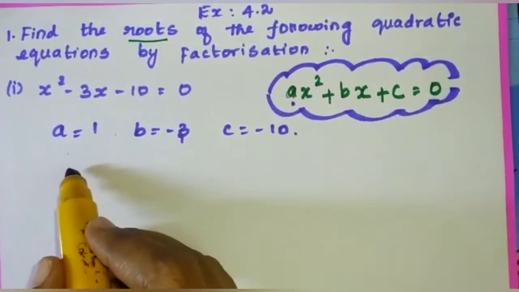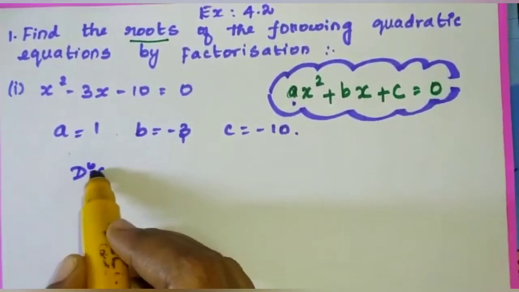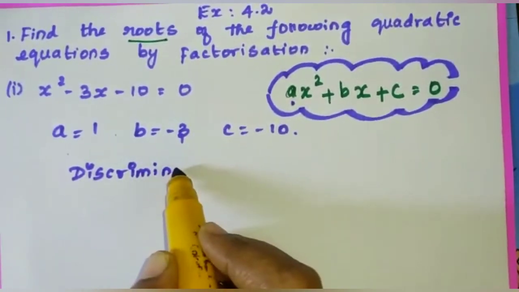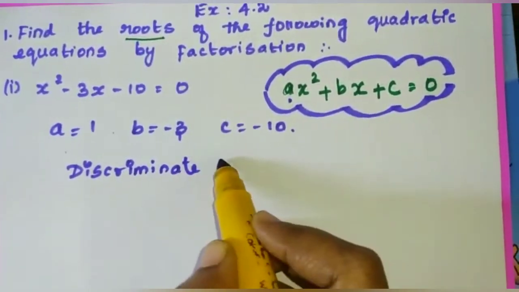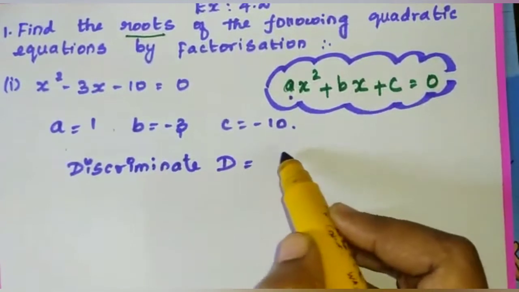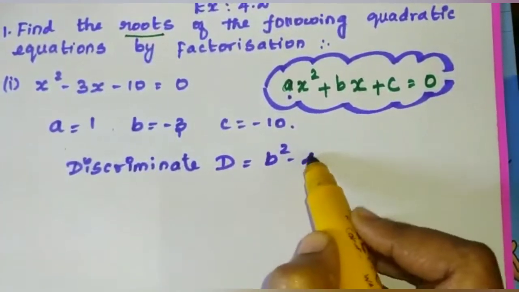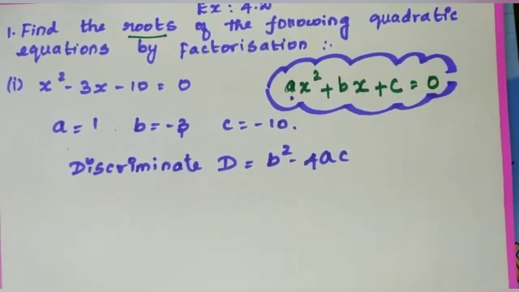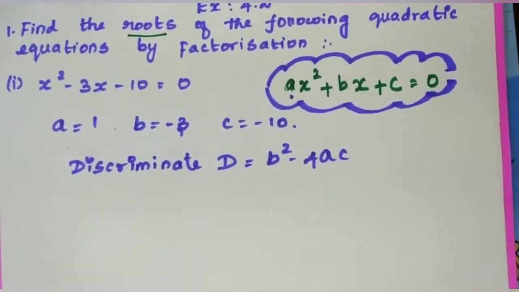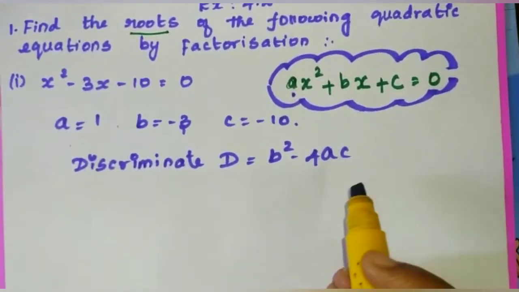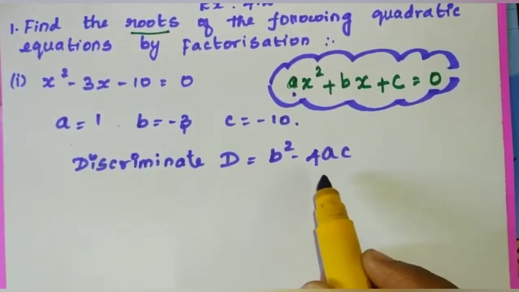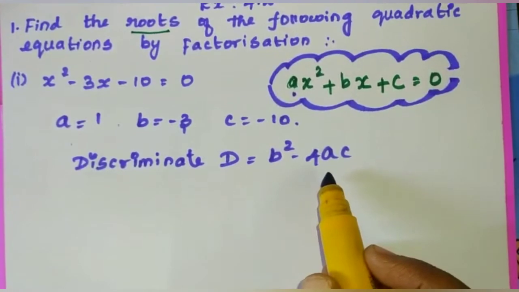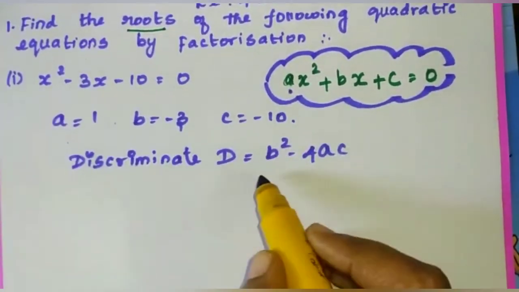What is the discriminant formula? Discriminant D is equal to b square minus 4ac. This is the discriminant formula. By using this, we can predict how the roots will be. Already I said in the introduction part.